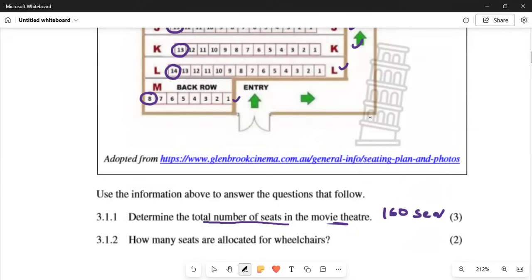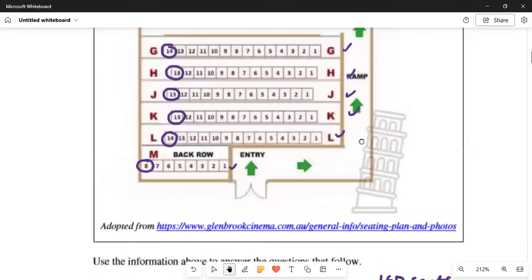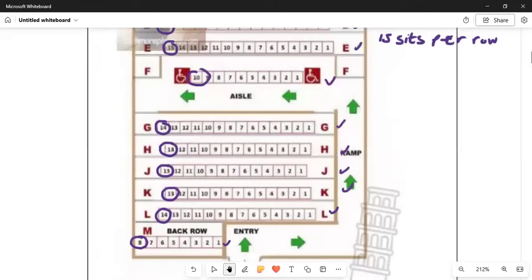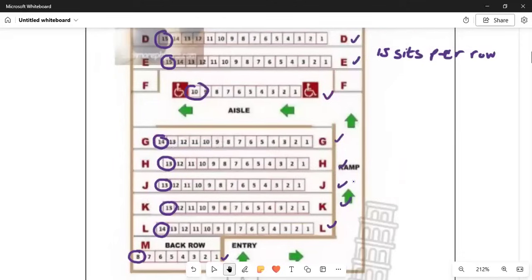Then, moving on, you are having the question in 3.1.2. It says, how many seats are allocated for the wheelchair, people with disability? Then can you go where we have interpreted it very well so that you can see it? So you see that there is a person drawn here with a wheelchair on F. So how many seats are there? There are 10 of them.